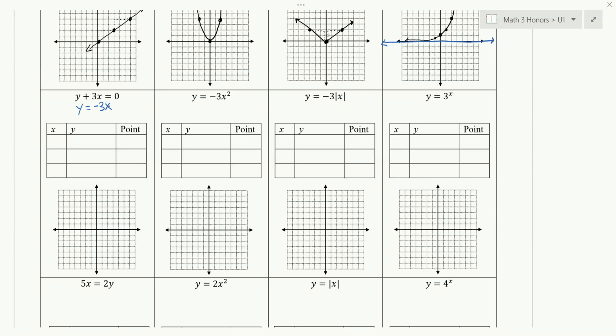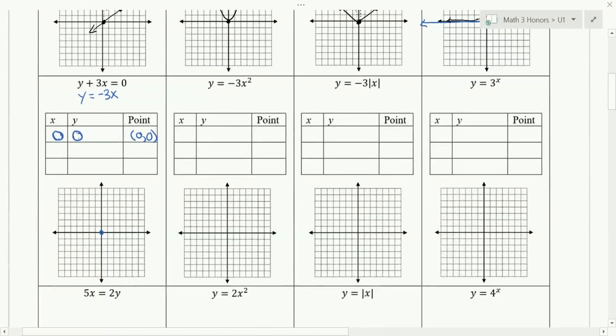And so you pick something. 0, 0 is a great one. And actually all parent graphs that are lines go through 0, 0. And so that's one point that I'm just going to use. And then what I'm going to do here is rather than just pick any x value, I'm going to use the slope. Because eventually this is what you're going to want to do.